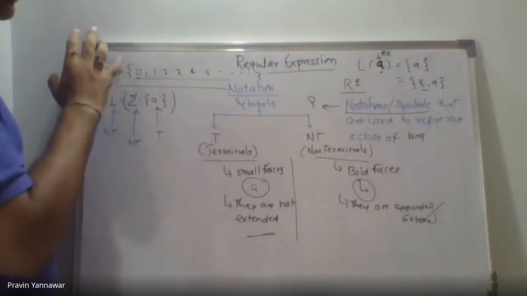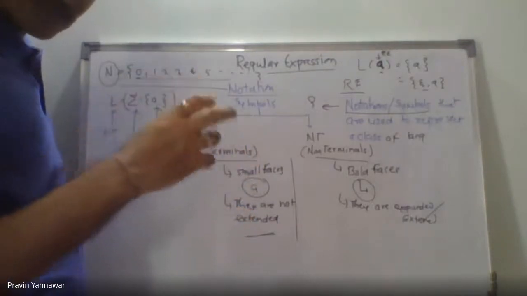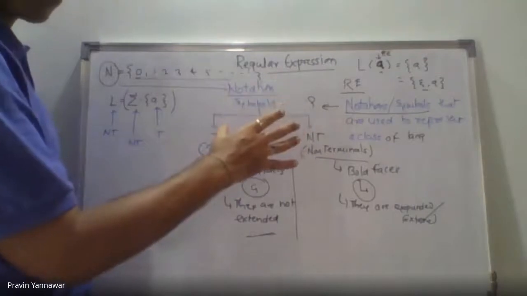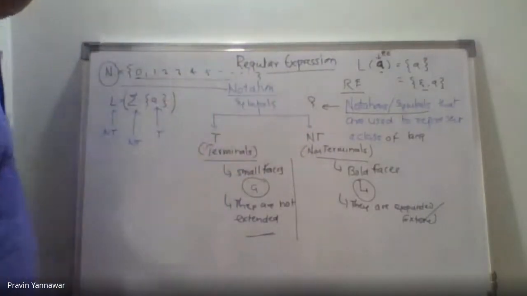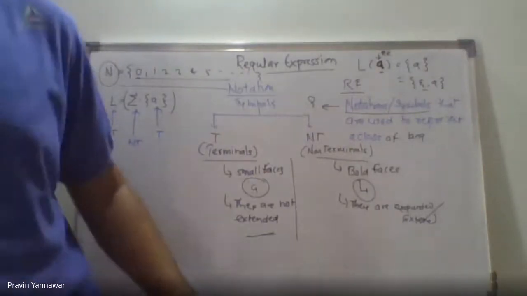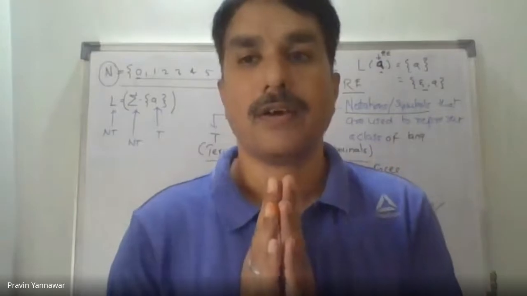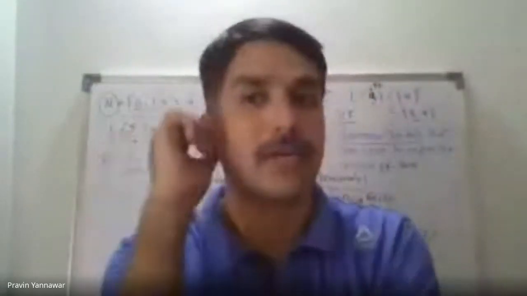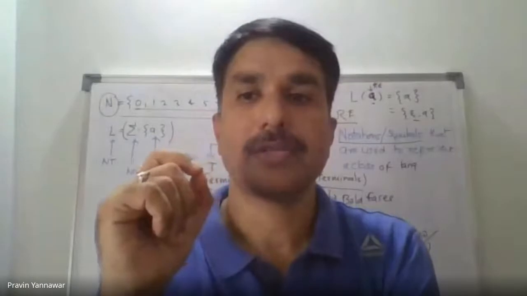Okay, and when we provide a systematic method of generation of words based on the set of alphabets, then we are in need of a regular expression. So what does a regular expression mean? Regular expression means a systematic method by which we can represent the words for a particular language. So this is important. Have you got this concept of regular expression?